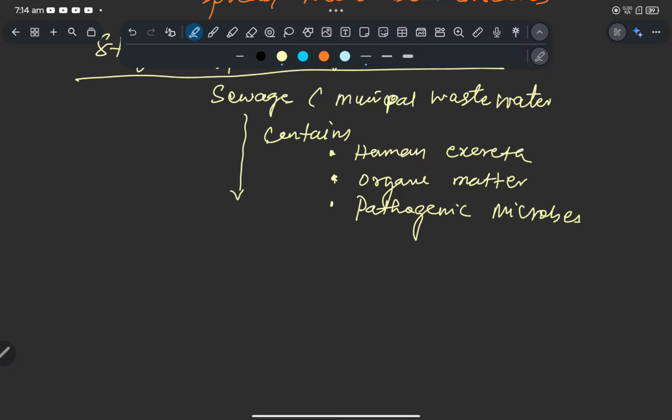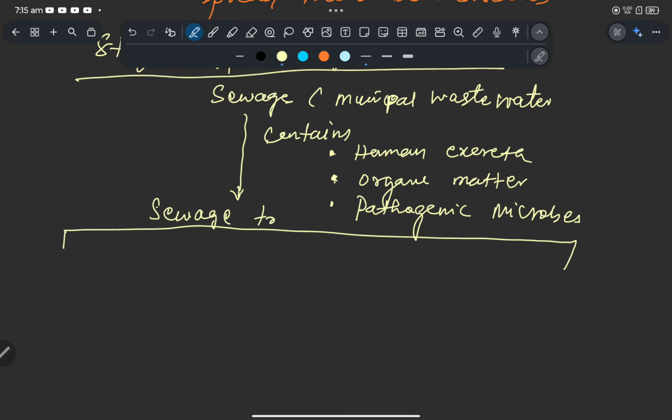Now this sewage treatment includes two types of treatments. So now come to sewage treatment.